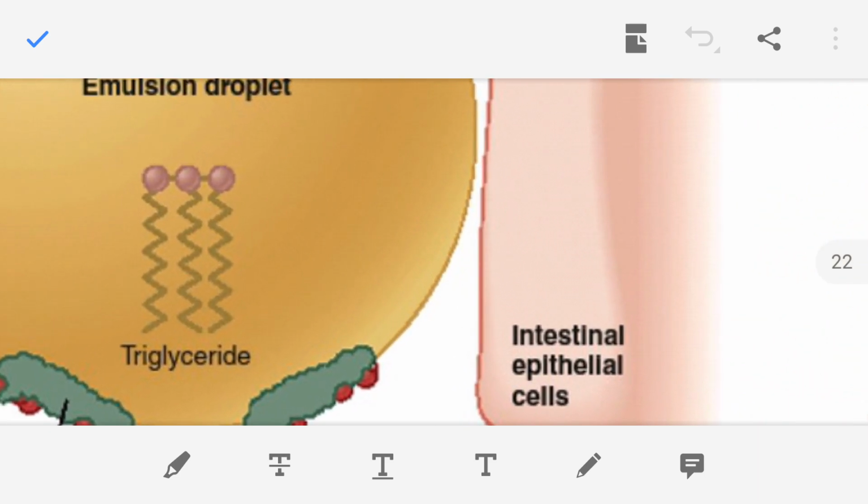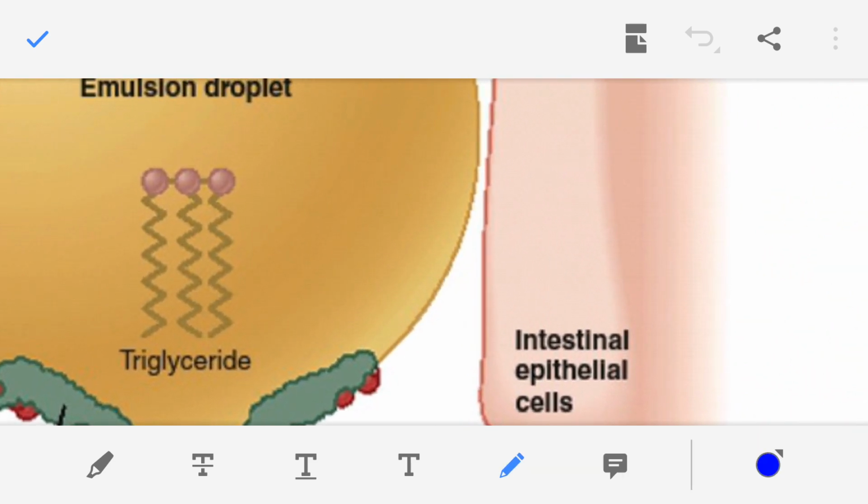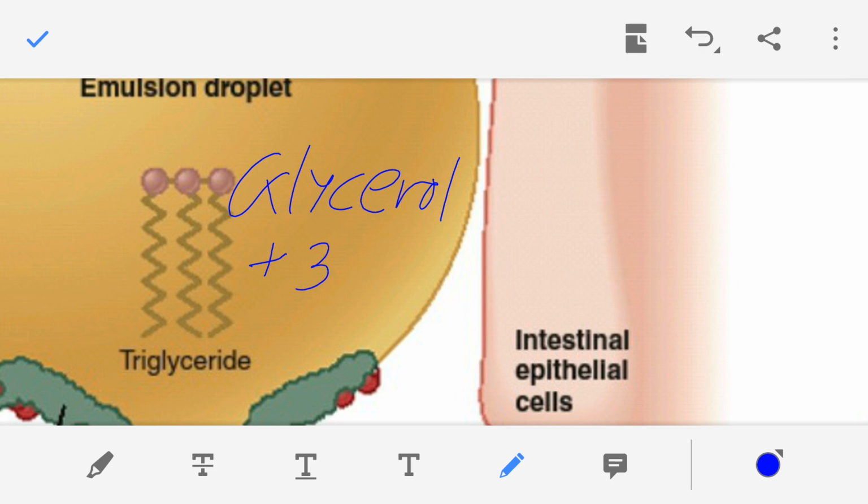Now what is the structure of triglyceride? In the structure of triglyceride, glycerol is there. Glycerol is combined with 3 fatty acids. That is the structure of triglyceride.